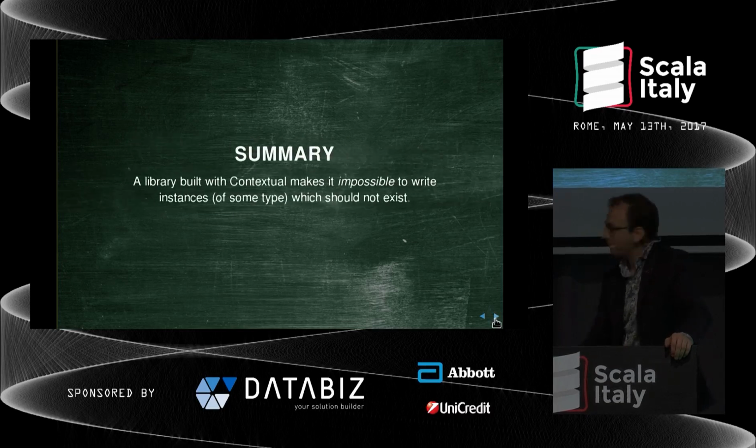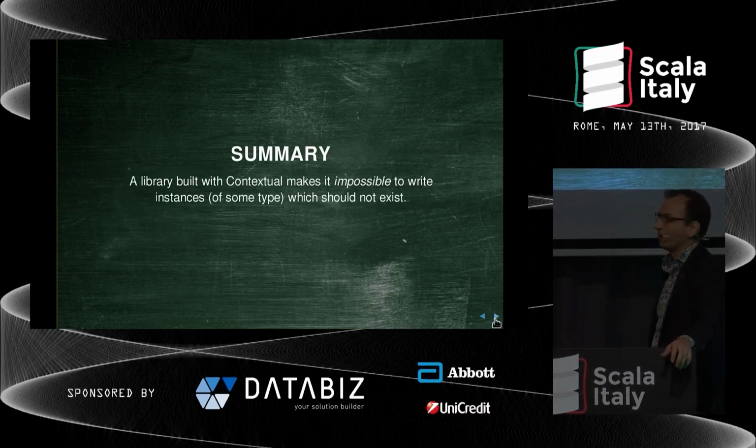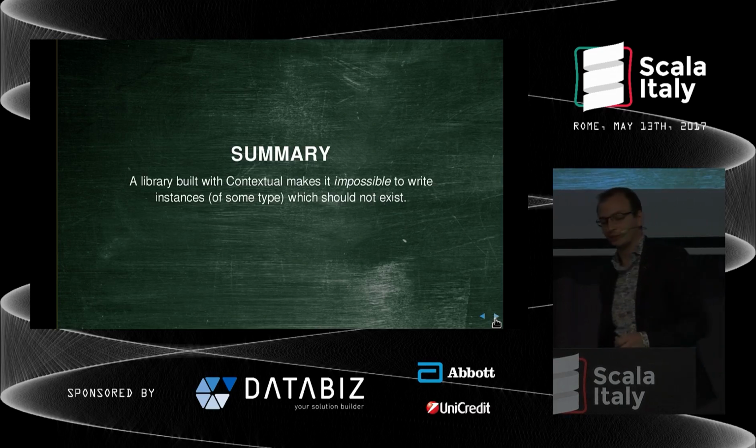And maybe a simpler way of interpreting it: a library built on contextual makes it impossible to write an instance of a type which should not exist. Assuming you've implemented your library correctly, you can actually make it impossible to construct types which don't exist.